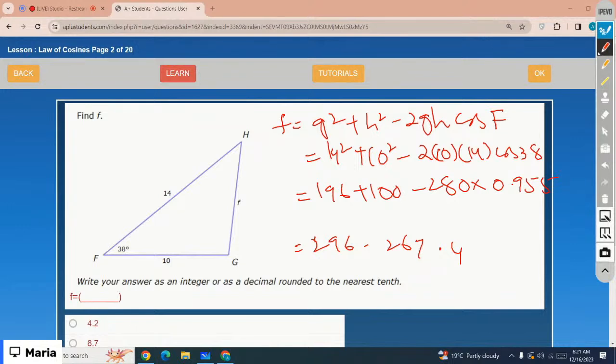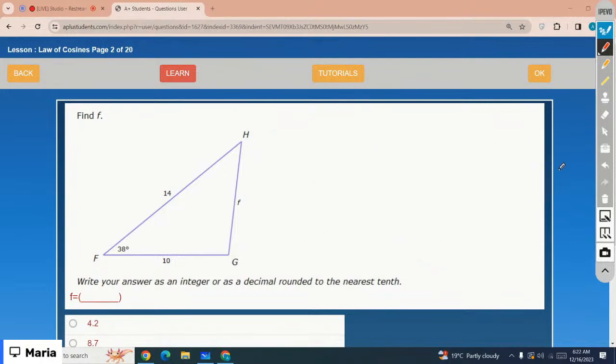So 14 square, 196, and plus 100 is 296, right? 296 minus 267.4. I don't know what's wrong with my calculations, why I always have the wrong answers with this one. Let me just see here.